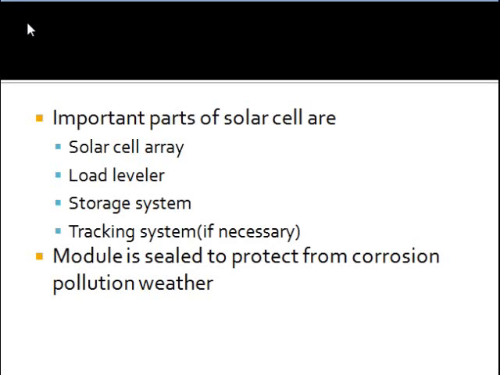Then storage system. In order to compensate for the sudden loss of light due to weather change, we need to use the stored energy. So for that we need a storage system like a battery or some other mechanical form of storage system. Then tracking system.